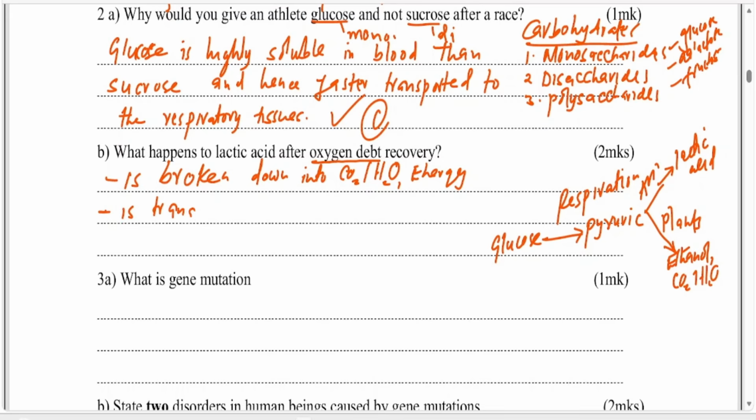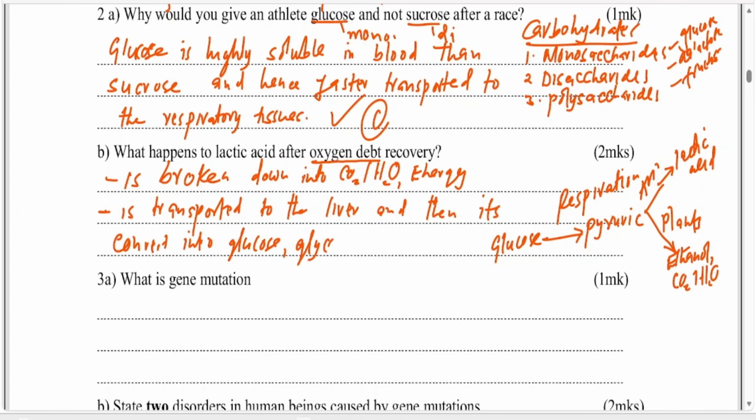So it is transported to the liver and then it's converted into glucose, glycogen, or fats for storage. So those are some of the processes that occur to this particular lactic acid that accumulates in the body muscle.